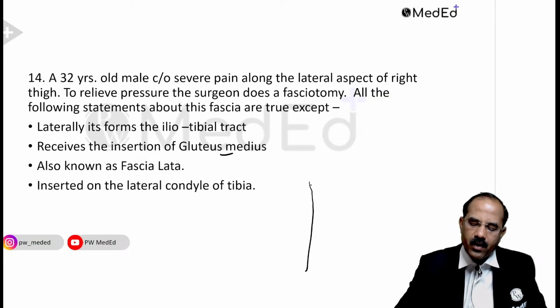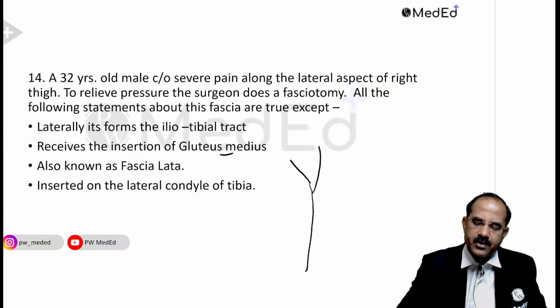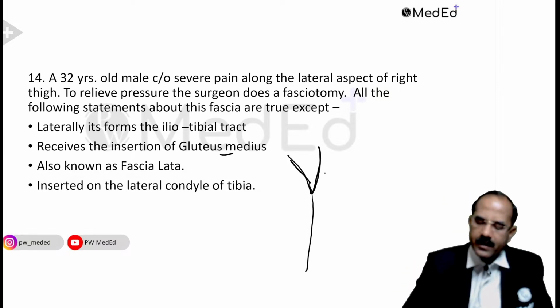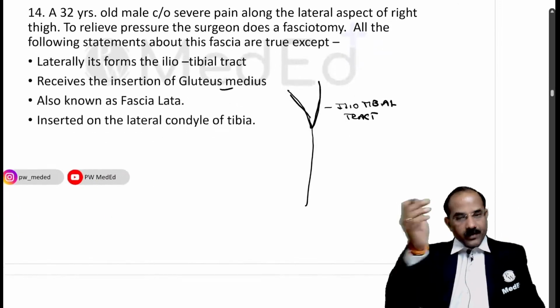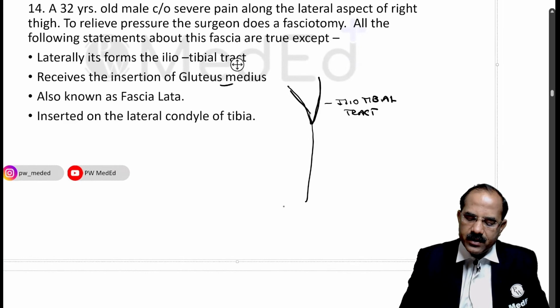This fascia lata on the lateral side, it splits into two here. The fascia lata divides into two, and this tract is known as the iliotibial tract. Now this fascia lata, where is it inserted on?